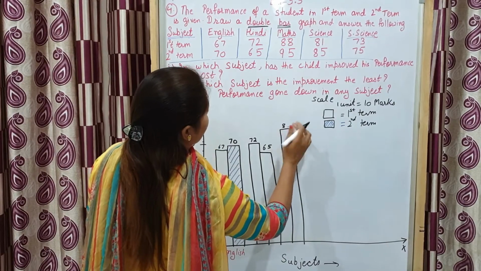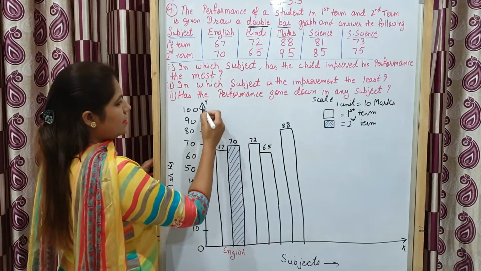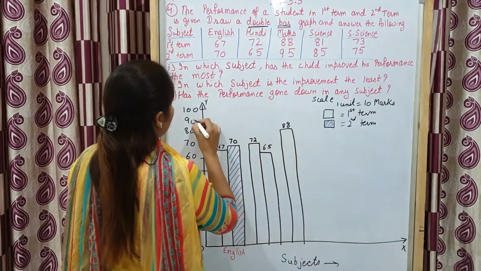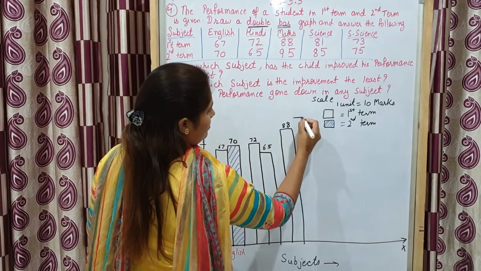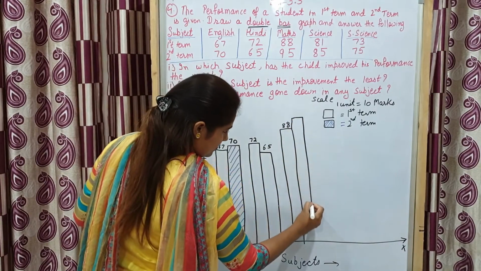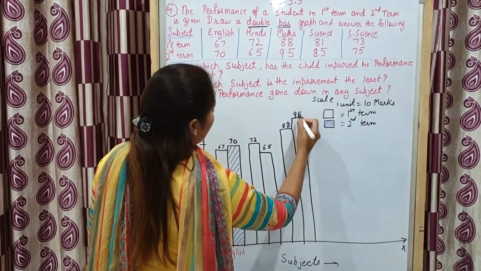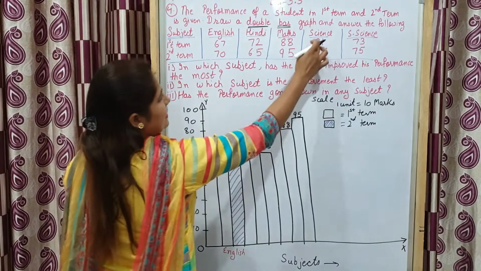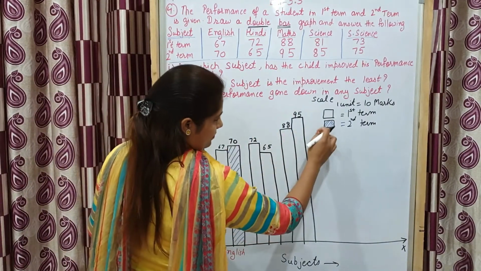Then second term is 95. 95 is between 90 and 100, without leaving a box. 95. Then science 81 and 85. Science 81.